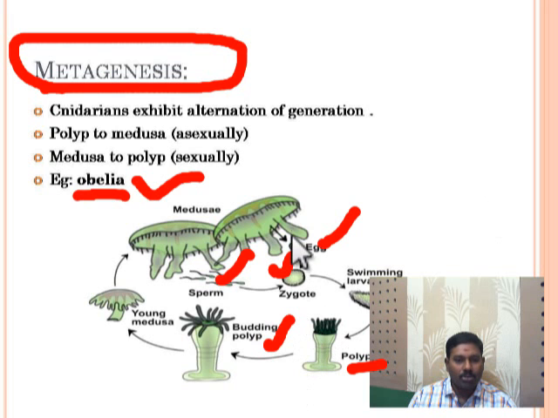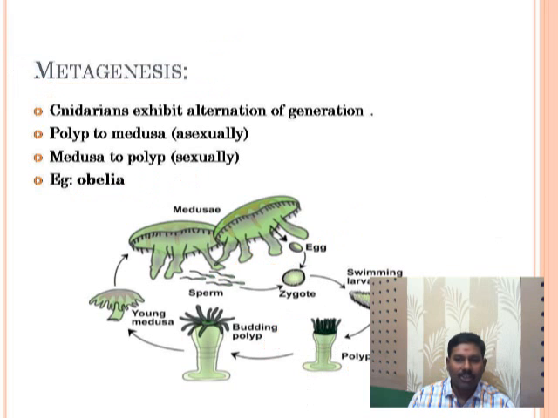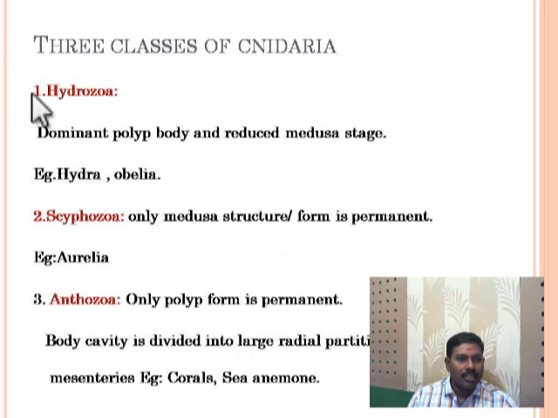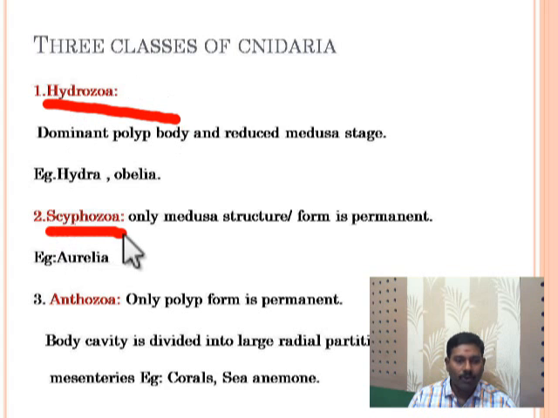Now we will see the different classes of coelenterates. There are three types. One is Hydrozoa, the next one is Scyphozoa, and the third one is Anthozoa.